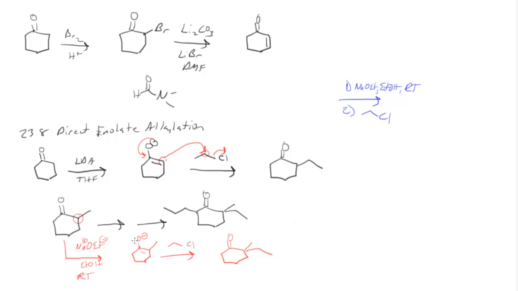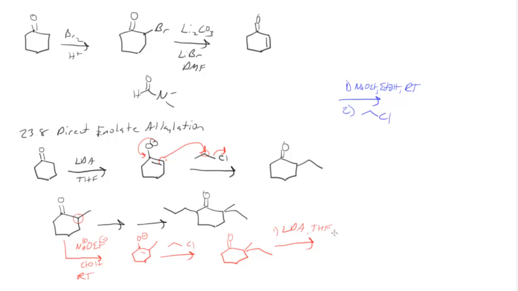Then once we've done that, now we can actually use any kind of base, because now there is only one alpha hydrogen left. There are 2 hydrogens here, but there's only one position. So now I can treat this with LDA in THF, LDA being a strong base.